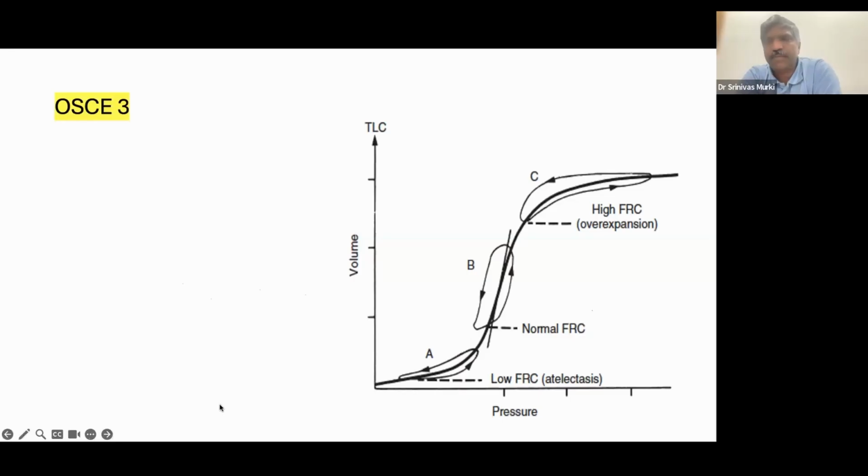So, while we are at the pathophysiology, let's look at this curve. All of you know this curve. This is a curve which is showing the dynamic compliance of the lung. So what it says here is that if you start with a low FRC, then the compliance is very poor. If you start at the optimum FRC, then your compliance is very good. And when you are at the high FRC, again, your compliance is very poor.